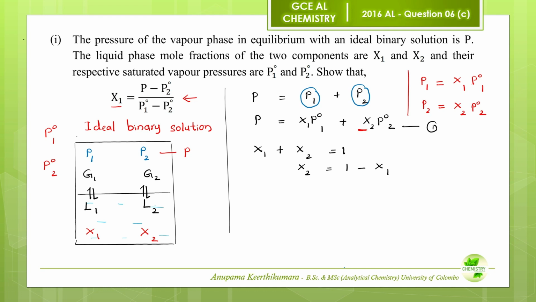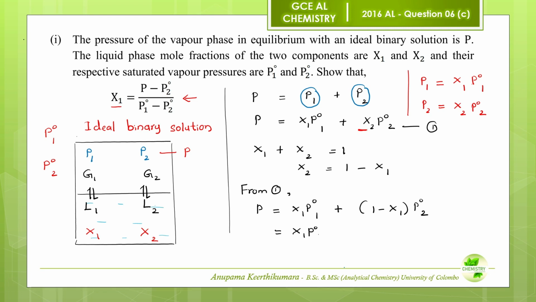From equation 1, P equals x1 P01 plus x2, which is (1 minus x1), times P02.